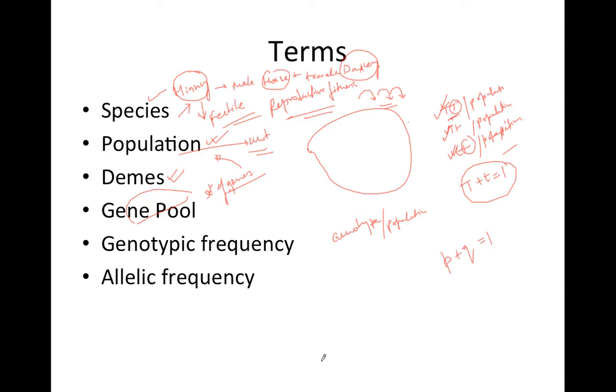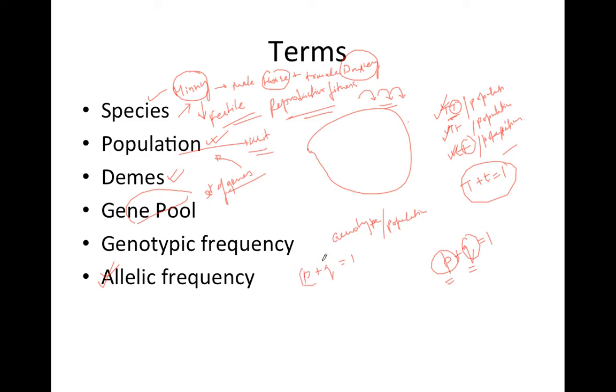Okay, so this p and q are allele, and the frequency of this p and q is allelic frequency. Now if this is a unit, p plus q is equal to 1.